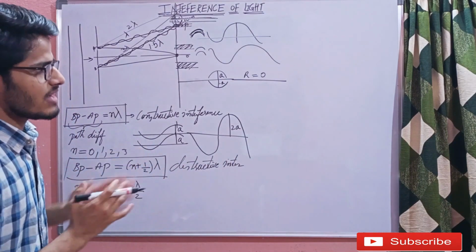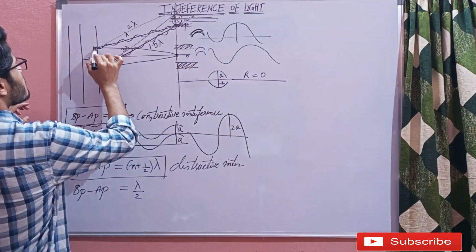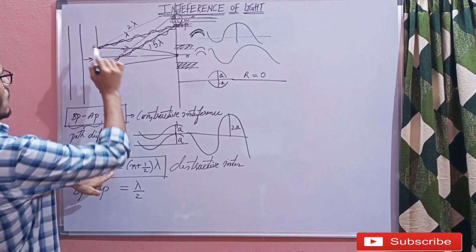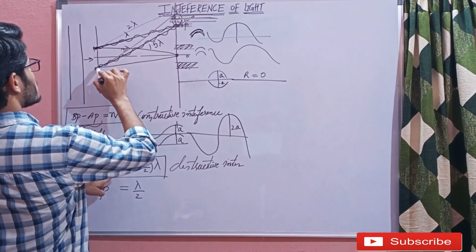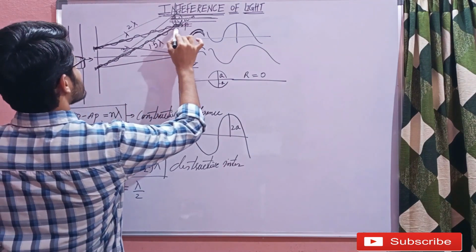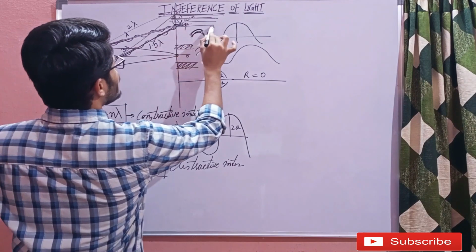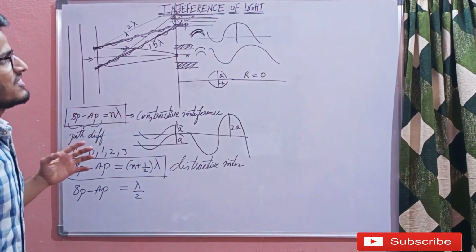There's a peculiar thing which we can notice here. There's an interesting fact. Suppose we consider light as bullets from source A, I'm talking about the destructive condition. One bullet from source A and another bullet from source B meet at some point P and give you no bullet. It means destructive interference.